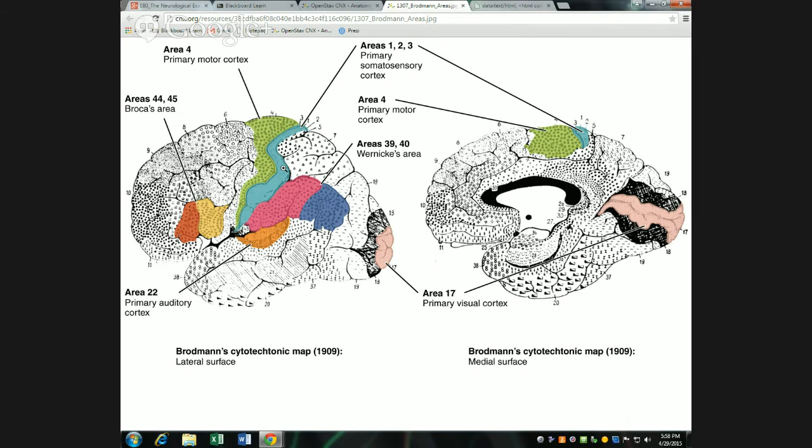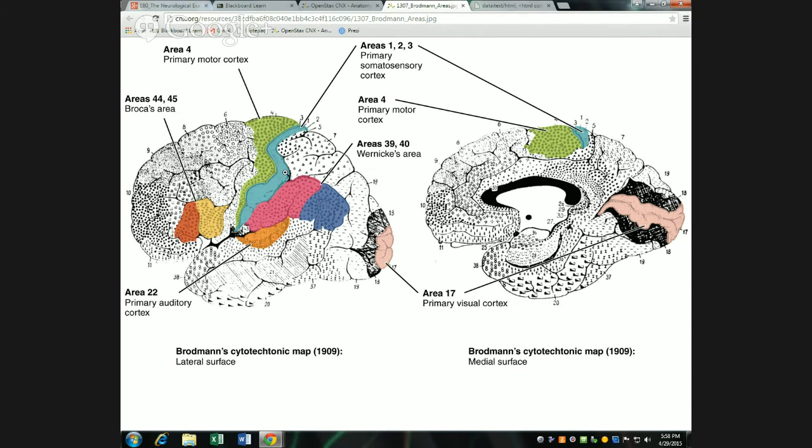Okay? So as you're moving your finger back and forth like this, part of the primary somatosensory cortex is going to be active also. Now this has a map of the body just like the motor cortex. So it starts with the legs and lower body, trunk, arm, and to the face. Okay.